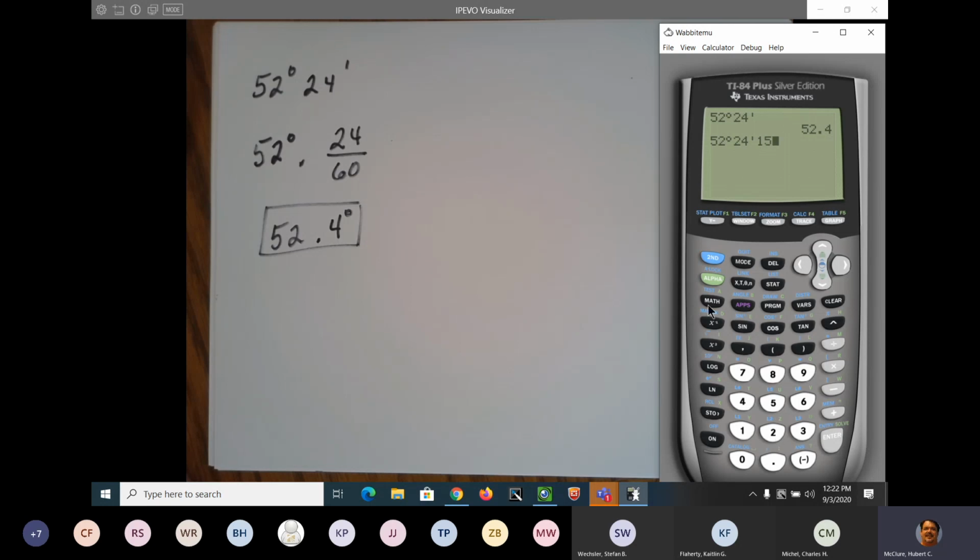You hit 15, then alpha, I'm looking for it, alpha plus, and enter. And that's how you use it. Now you got to practice it. You can't just do it once or twice. You got to practice it on your calculator, or you can just do it by hand.